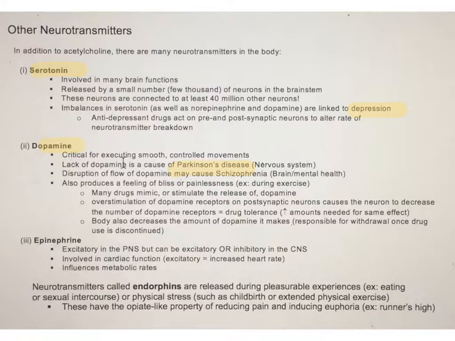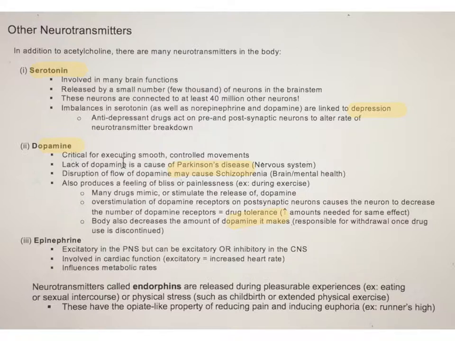Overstimulation of dopamine receptors on postsynaptic neurons can cause the neuron to decrease the number of dopamine receptors. So in other words, you become drug tolerant. When they talk about drug tolerance, they mean the first few times you have it will affect you a certain way, but the more you use it, the more your tolerance increases, and you need more and more of that drug to have the same effect.